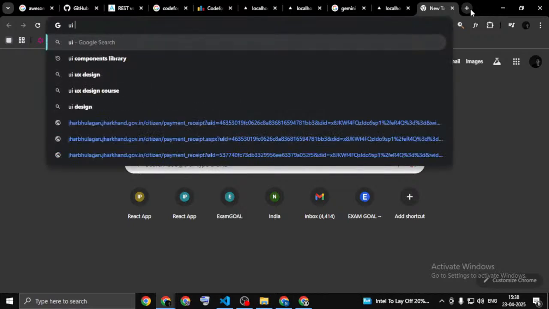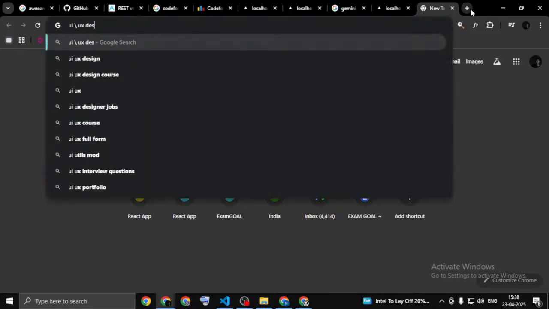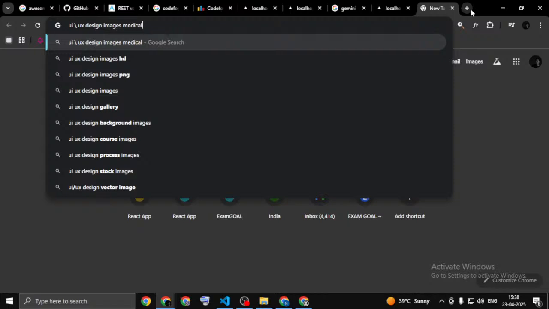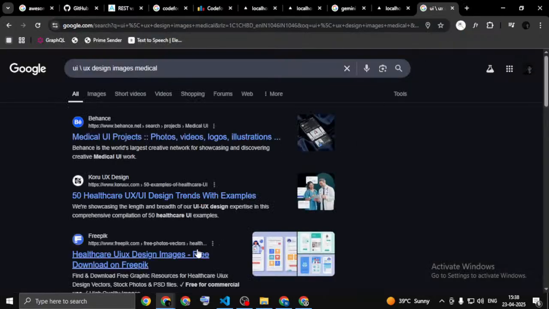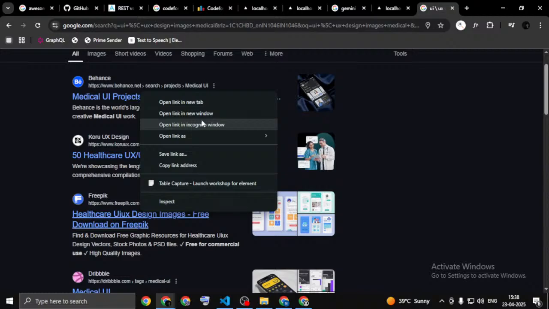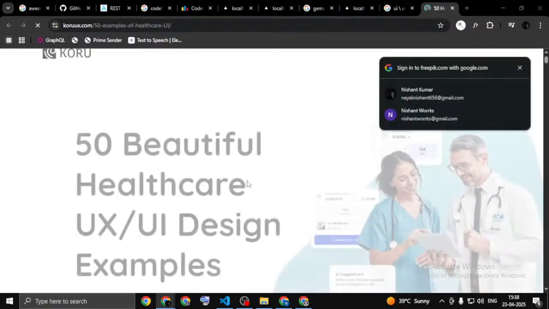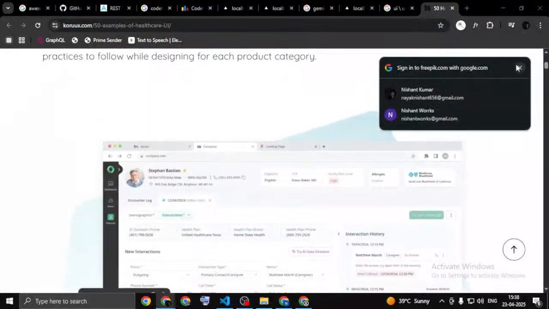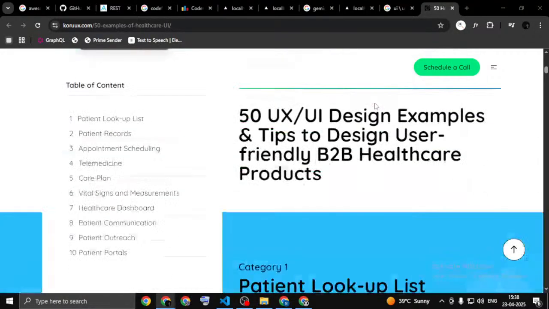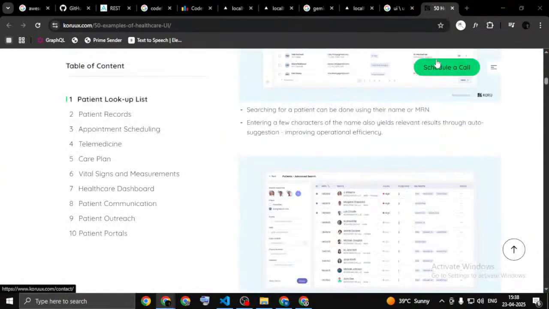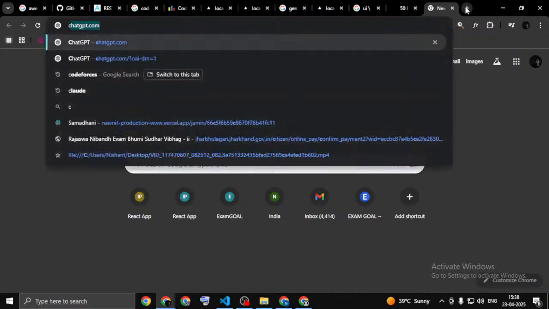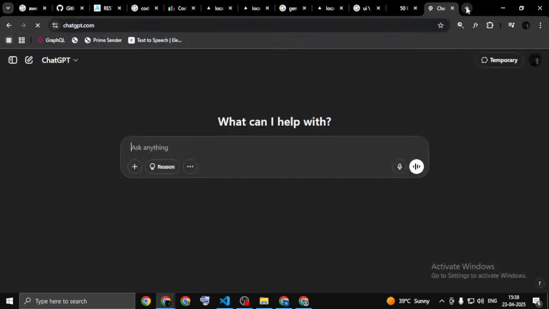UI UX design, images, medical. Why didn't we ask ChatGPT to generate it?